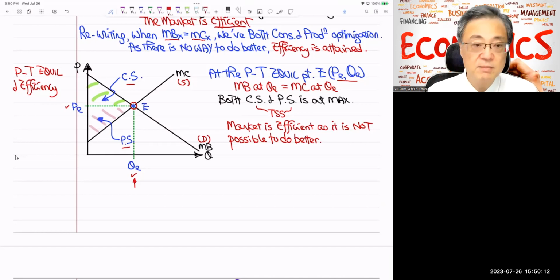I forgot to put it down, but I put it down here now. Because this is a very simple diagram, somebody tends to have this misconception.